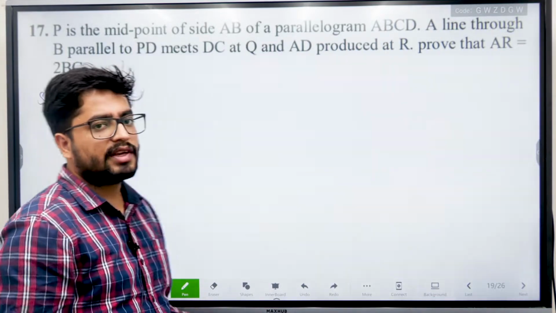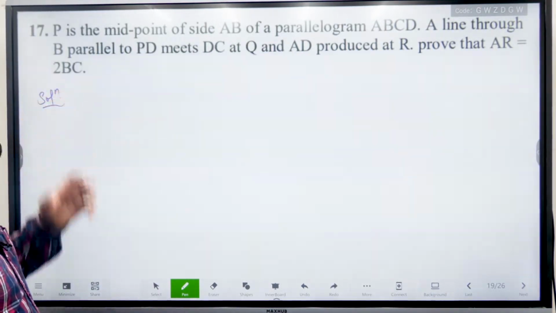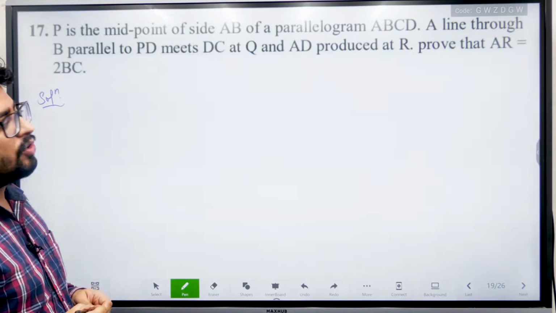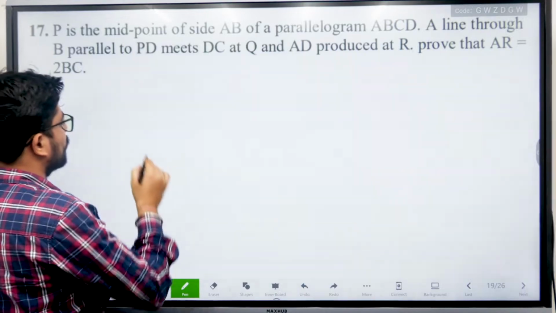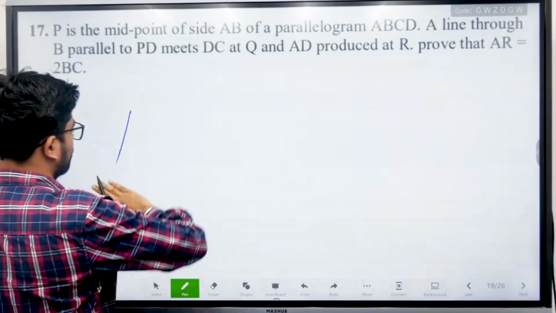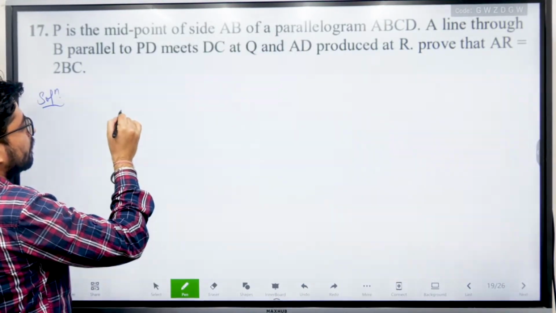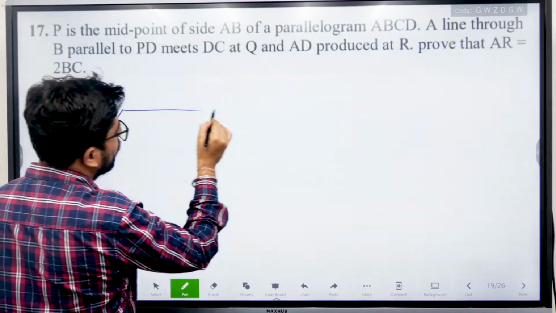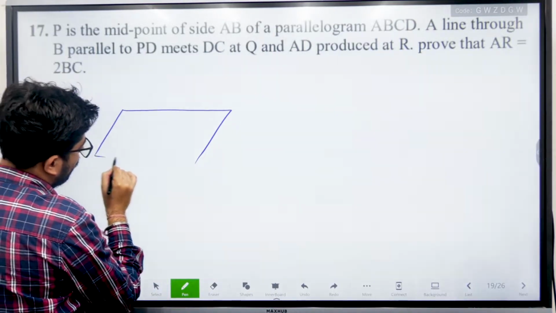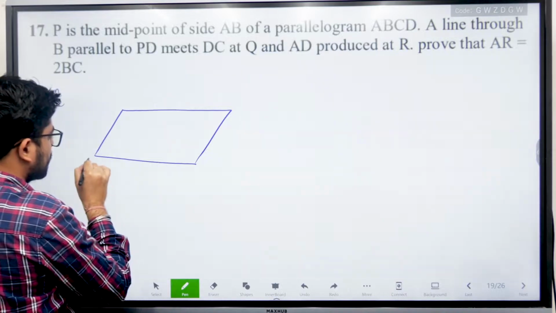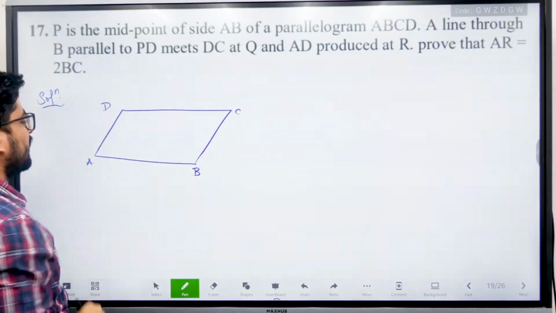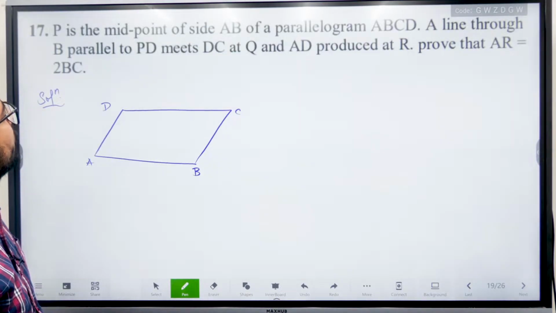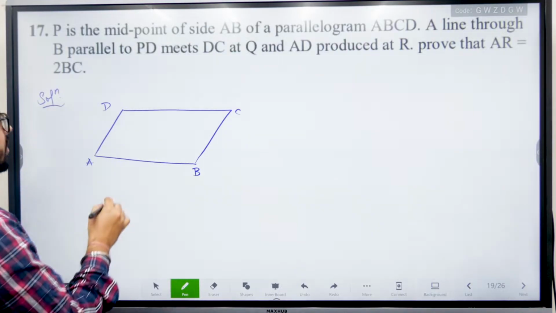Next is what? Next is: P is the midpoint of side AB of parallelogram ABCD. So first of all, let's draw your parallelogram. This is your parallelogram A, B, C, and D. ABCD is a parallelogram and P is the midpoint of AB.